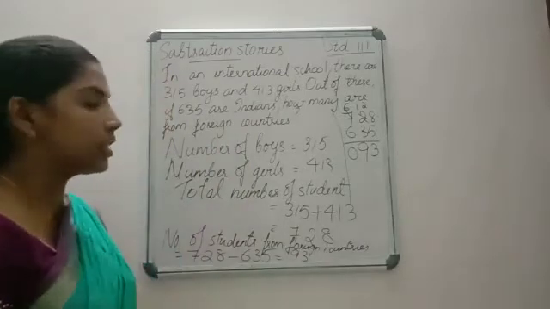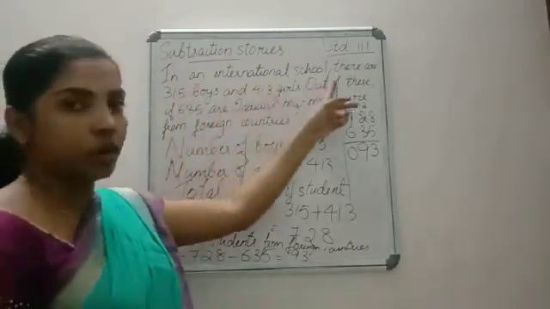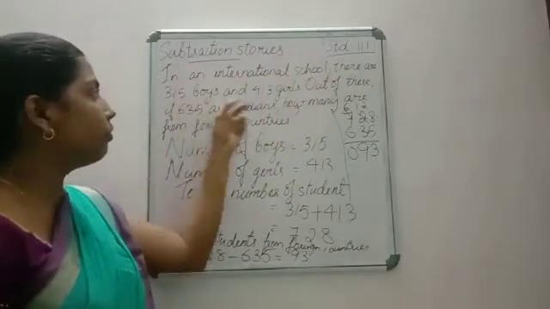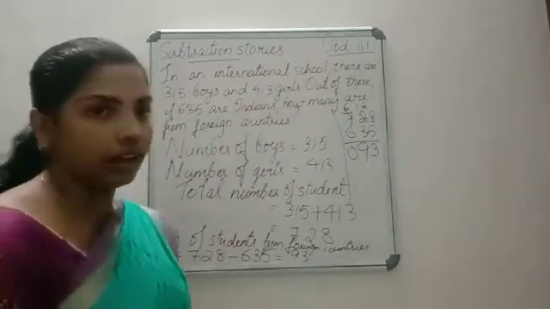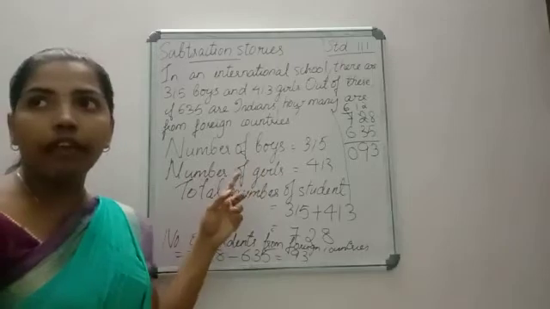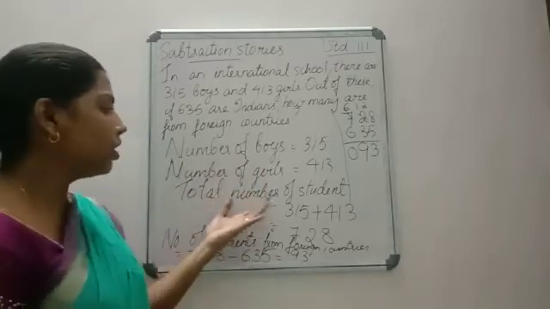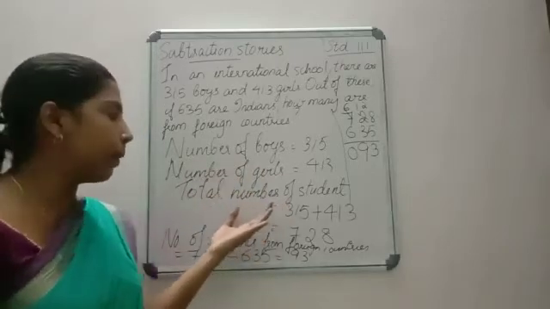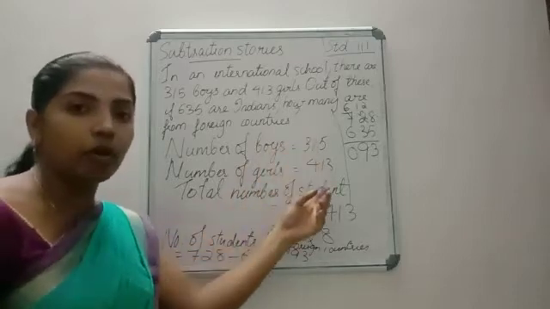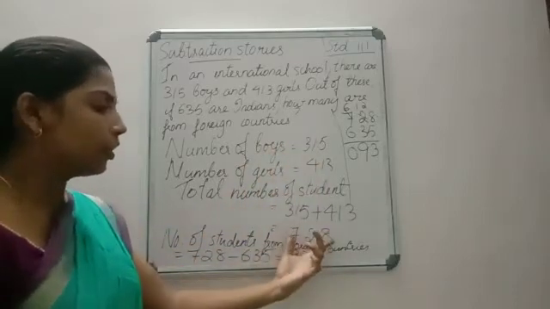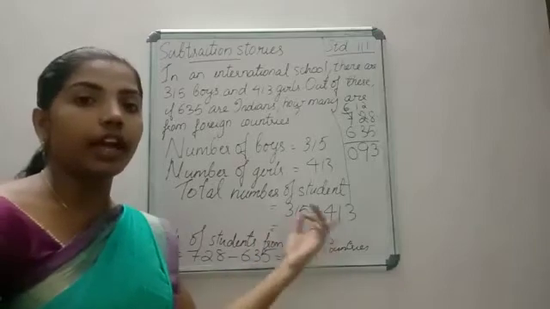Okay. So our question was, in an international school, there are 315 boys and 413 girls. We wrote the steps and found the total number of students. How can we find the total number of students? Just add the number of boys and number of girls. So we got the total number of students as 728.